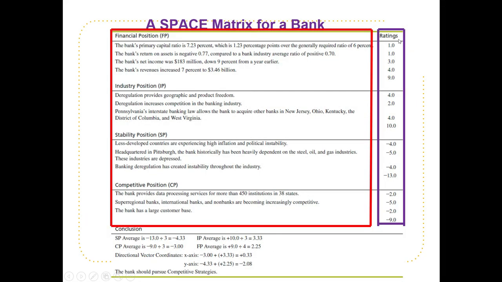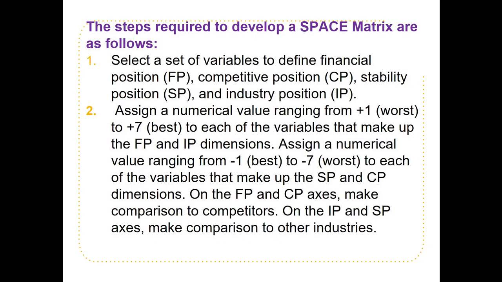You have to assign values here. FP and IP, what did we say about it? Positive 1 as the worst and positive 7 as the best.